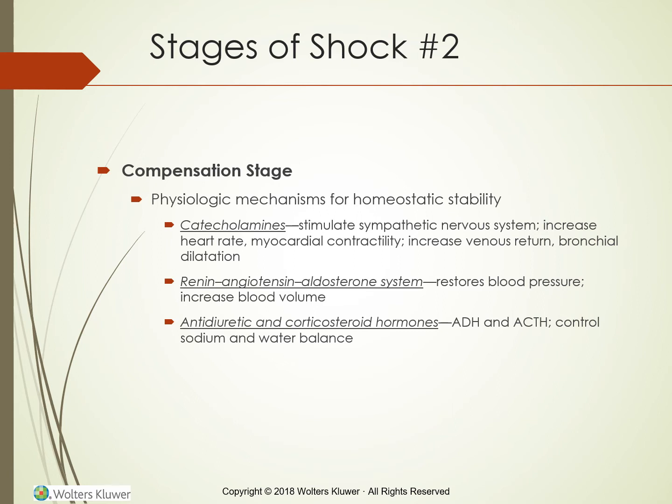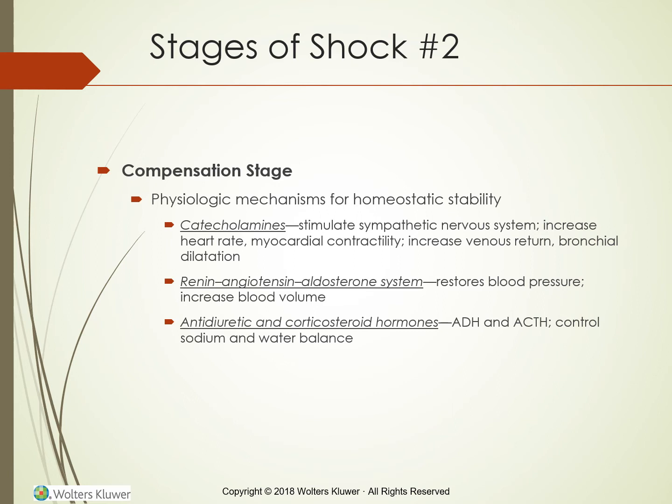The renin-angiotensin-aldosterone system is a mechanism that restores blood pressure when circulating volume is diminished. In response to low kidney perfusion, the juxtaglomerular cells release renin, an enzymatic hormone in the nephrons of the kidneys.